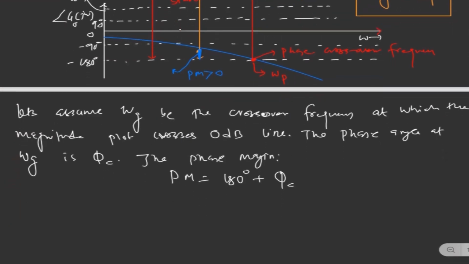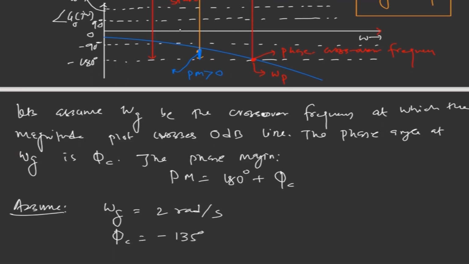So if you take an example, assume omega g is 2 radian per second and phi c is found to be minus 135 degree.